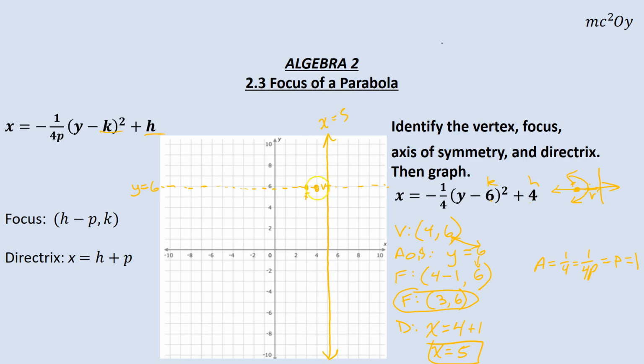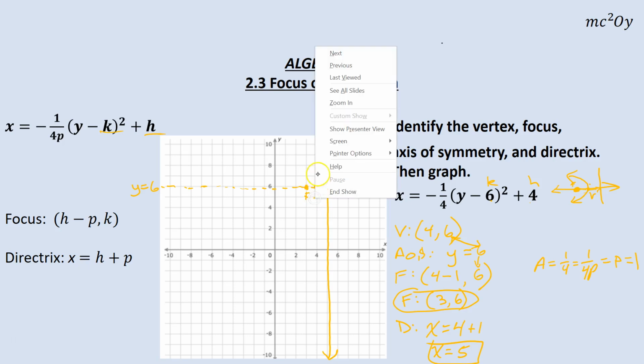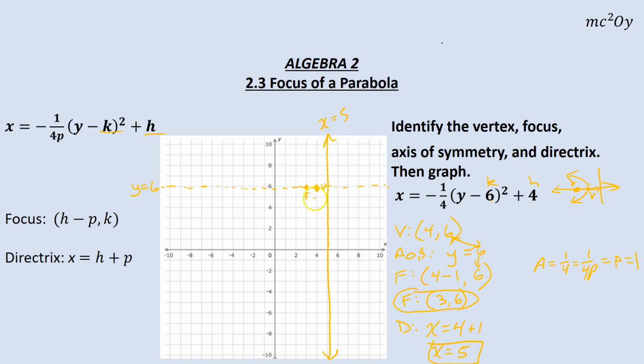And then from the vertex, my graph, go over 1, 1/4, there, and there, and there.